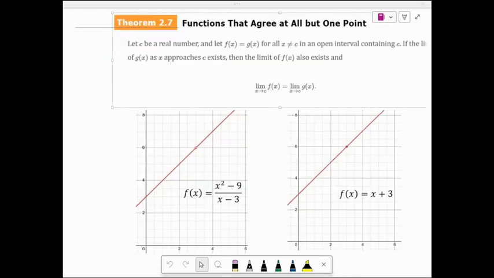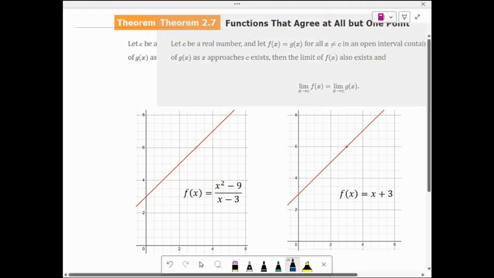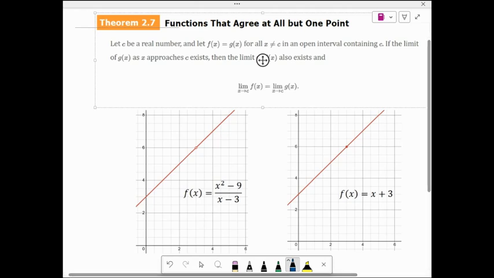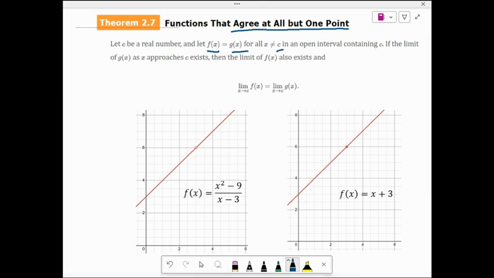And this theorem says that if two functions agree everywhere but one point, so you have a function f and a function g that, except for some specific value c, are always the same, if g has a limit as x approaches c, then f must also have that same limit.